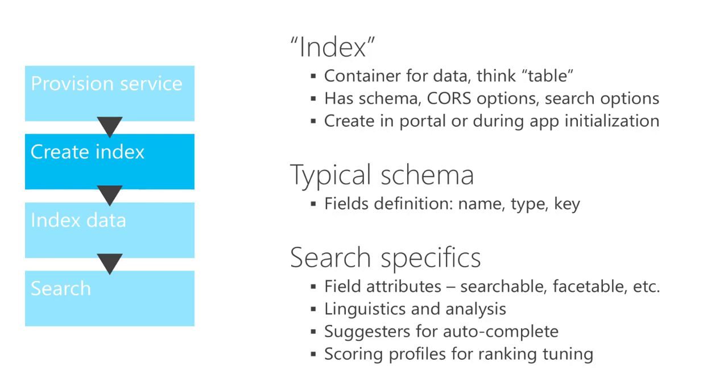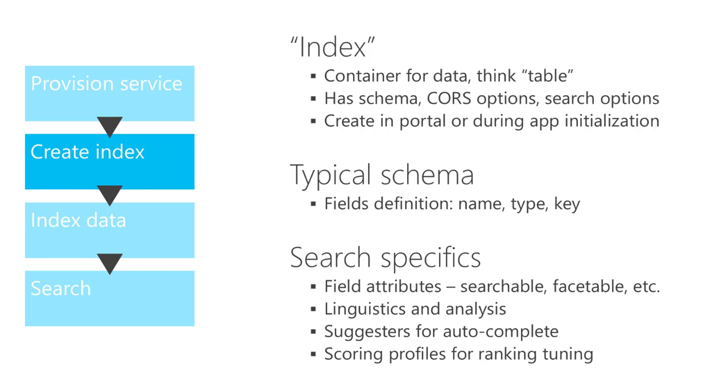A field can also be retrievable, which means that it is a field that can be returned in a search result. It can be filterable, meaning that it allows the field to be used in the search queries. It can be sortable, so we can order search results using these fields.